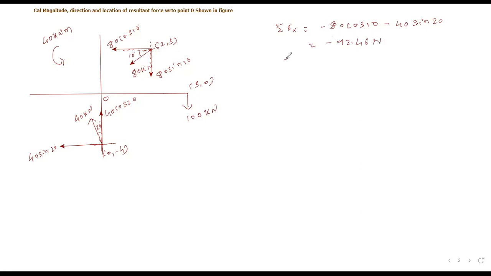In the same way, calculate sigma Fy. Minus 100, minus 80 sin 10 and plus 40 cos 20. I hope it is clear to all of you.